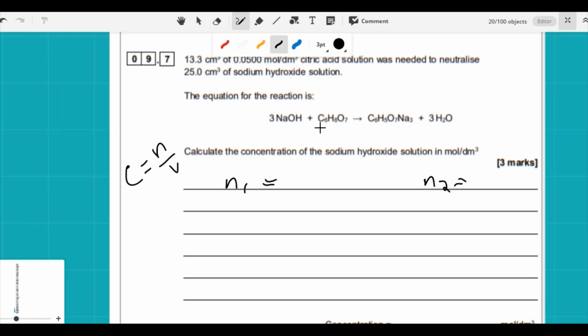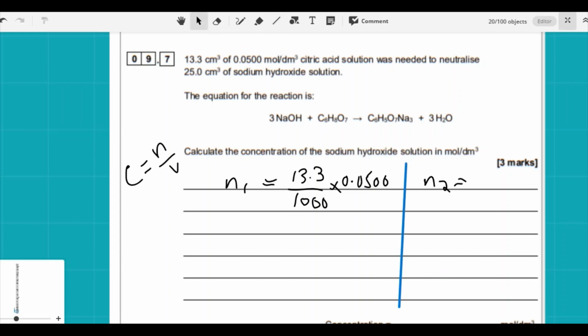So n1 will equal, by using the volume and concentration, mole equals concentration times volume, and volume should be in decimeter cube. So you can write 13.3 divided by 1000 times 0.0500, and that will equal 0.000665.